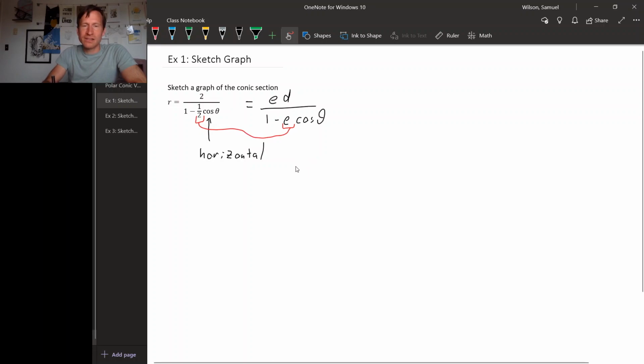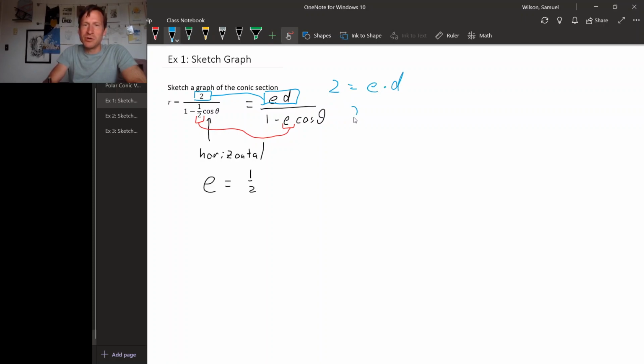So for our conic section, we know it's horizontal. We know that its eccentricity is 1/2. Now comparing numerators, 2 has to be E times D. But we know E is 1/2, and so D has to be 4.